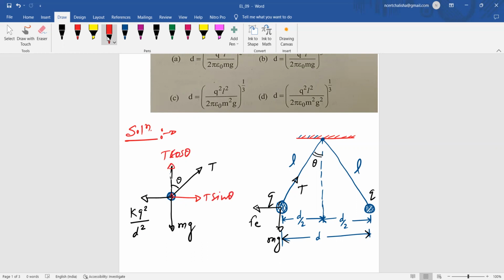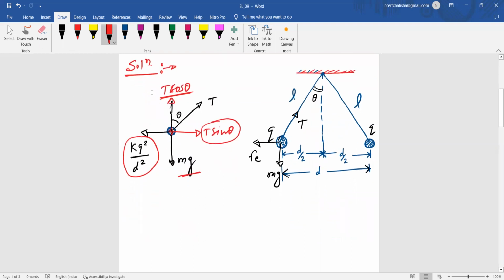If this charged particle is in equilibrium, then T sin theta will balance kq squared by d squared, and T cos theta will be balanced by mg only.